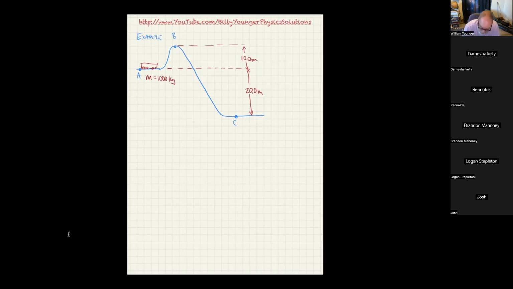So what I want to know is, if we use y equals 0 at height A, what is delta U from B to C?